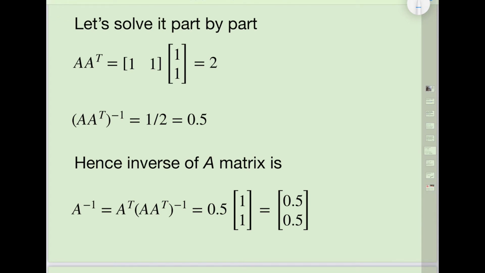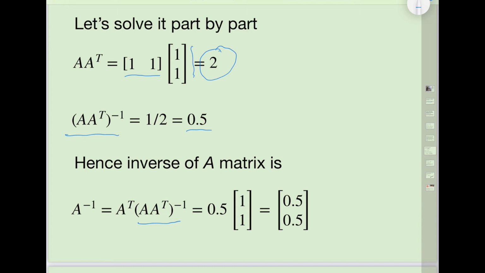First, we take the original A, a single row matrix 1, 1, and multiply it by its transpose, a single column matrix 1, 1. We get a single number, 2. Then we get the inverse of it, which is 1 over 2, 0.5. Straightforward.